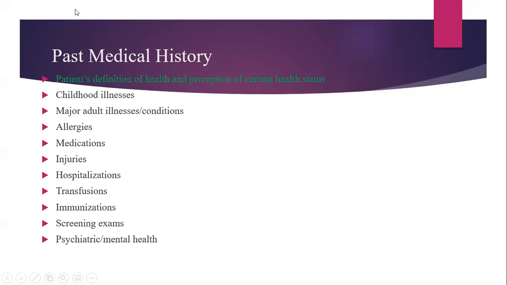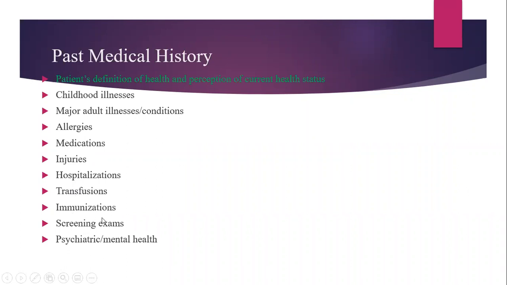Let me recap it. The past medical history includes childhood illness, major adult illness or conditions, any allergic history or past experience with medication or treatment, injuries, hospitalizations, blood transfusion, immunization history, any scanning examination.